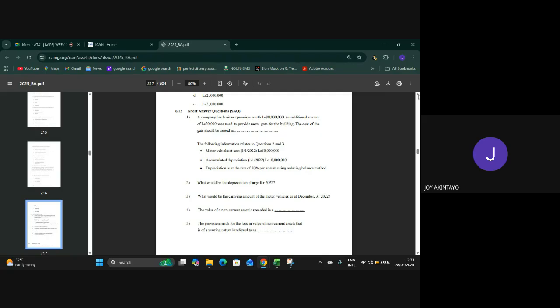Where will you record the carrying value of your non-current assets when you want to prepare your financial statements?